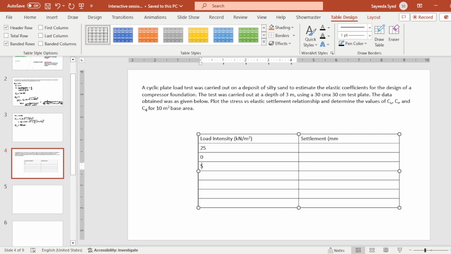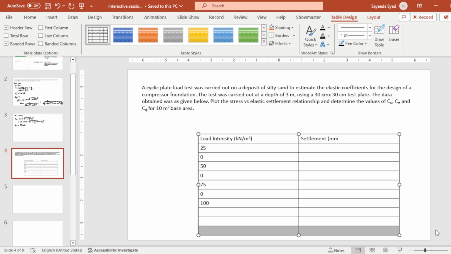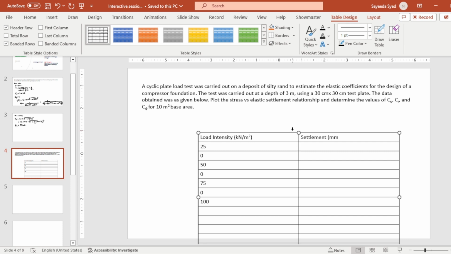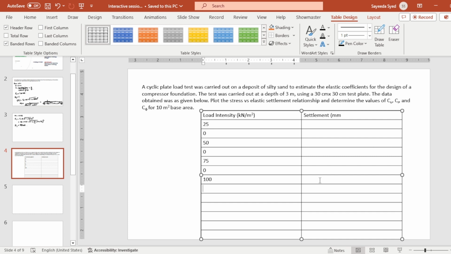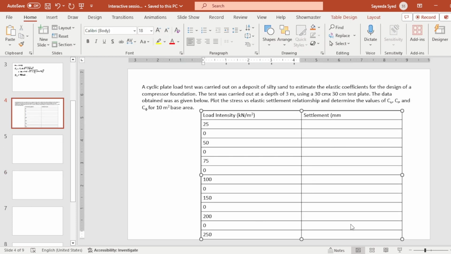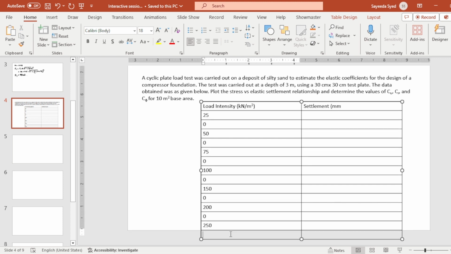The loads are 25, 25, 50, 50, 100, 100, 150, 150, 200, 200, 250, 250.